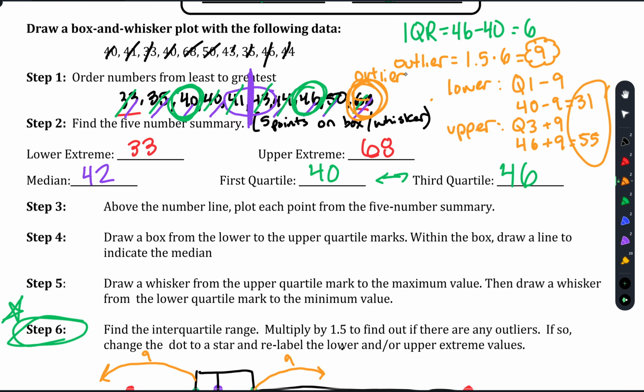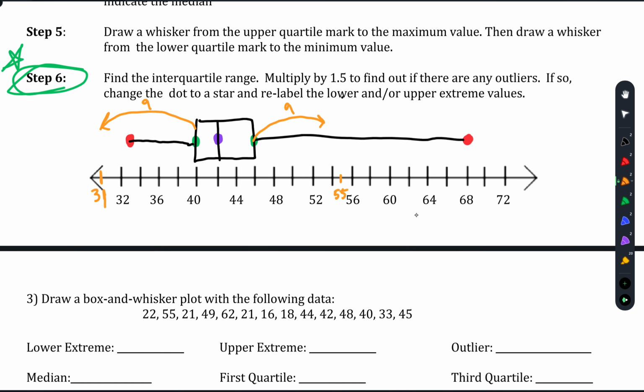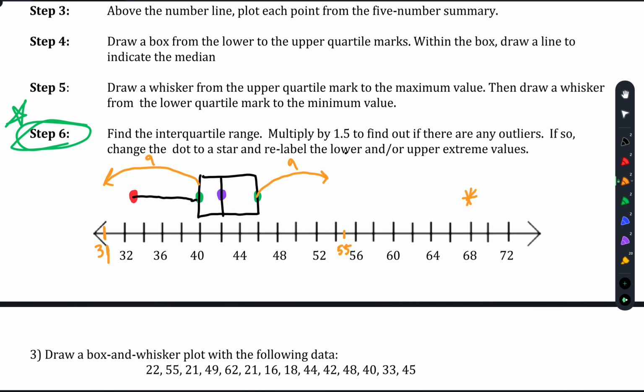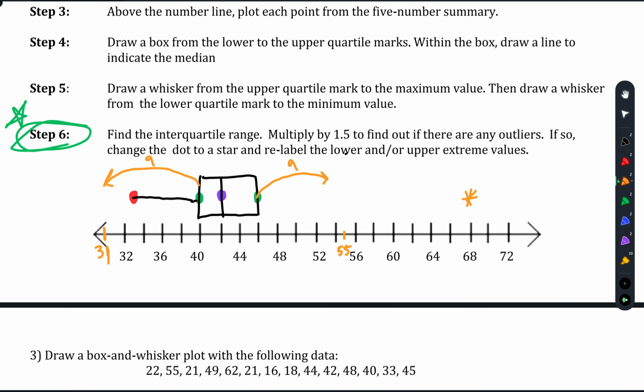Okay, so here's what that means for my graph. 68, we are no longer going to label that as my upper limit. Instead, any outliers get labeled with this star. You can draw it as a star, you can draw it as a little asterisk, but that's no longer my upper limit.